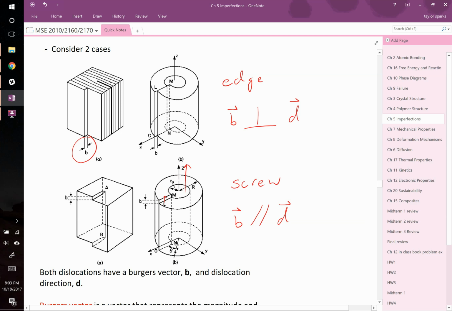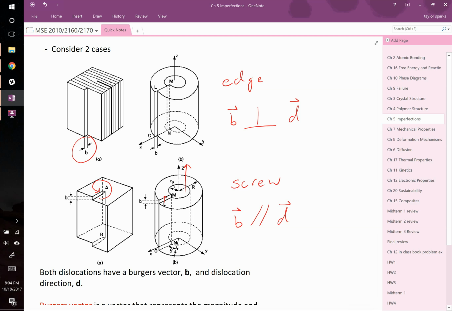It's parallel to it. And I think the easiest way to think about a Burgers vector and the screw dislocation is to consider a parking garage. You start down here at the lower level of the parking garage and you do a loop, and by the time you get back to the spot where you were before, you're one floor above the spot where you began. Or if you go the other way, you're one floor below. So that's what a screw dislocation looks like.